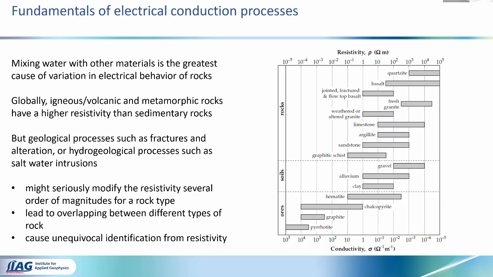Fresh granite is 1,000 ohm meters. Gravel saturated, it's still something like 100 to 1,000 ohm meters. Clays, we have an ohm meter, maybe up to 100 ohm meters, depending a lot, and that's what I have shown before, depending a lot, obviously, on the water saturation. So the more water you have in your material, the more conductive it is typically.